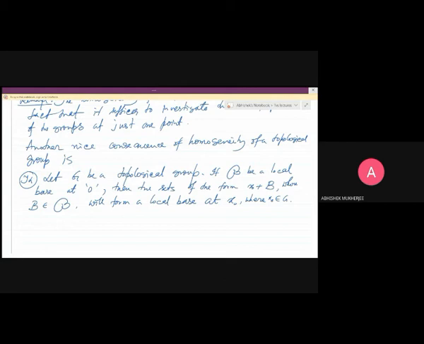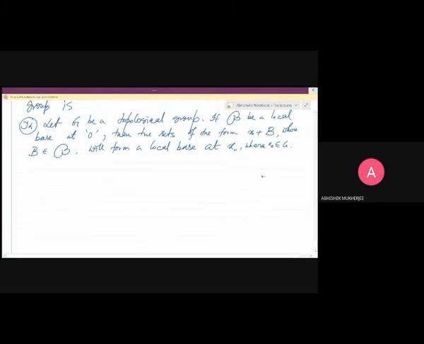Now, what does it mean by a local base? Local base means that for any neighborhood Nx, you will find one Bx in a family of neighborhoods that is a subset of Nx, where Nx is the set of all neighborhoods of x.